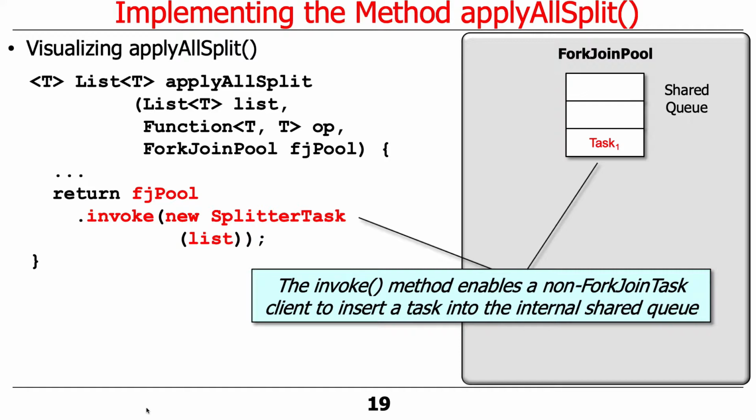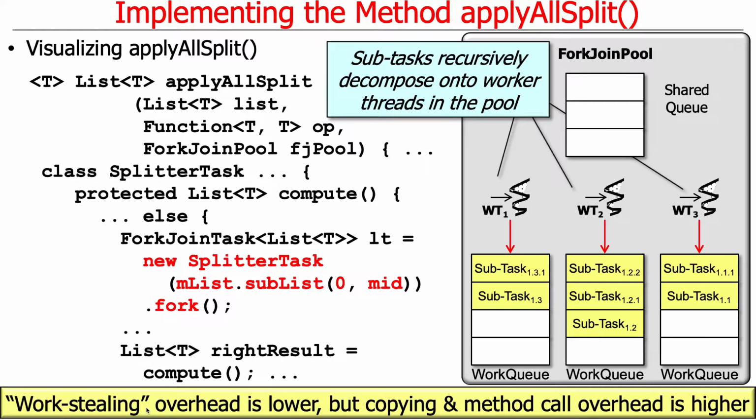So again, new splitter task, it's the first one, say task 1, and it's got a list to the entire input we're trying to process, which let's say has lots of elements in it. So here's what happens henceforth. One of the worker threads in the fork join pool will go ahead and pull that task 1 out of the shared queue.